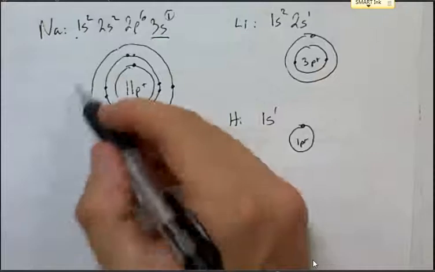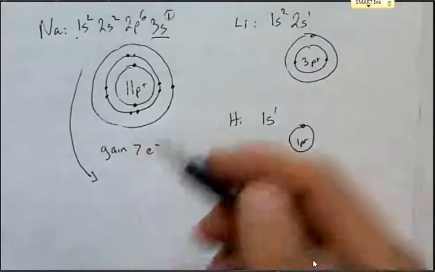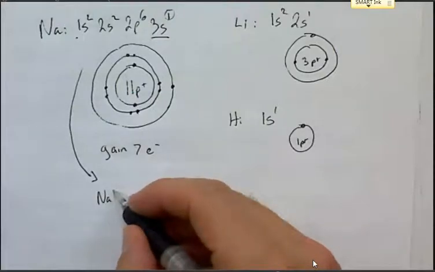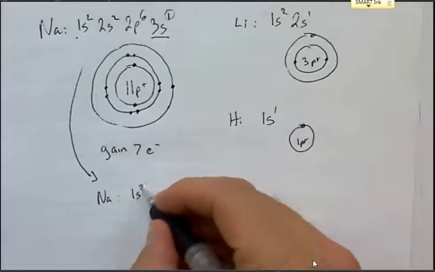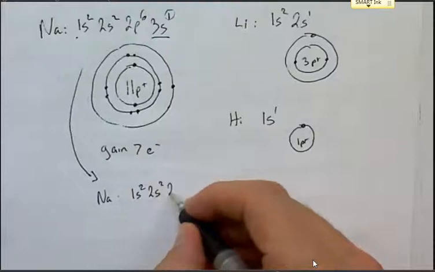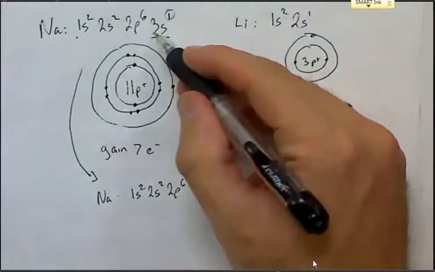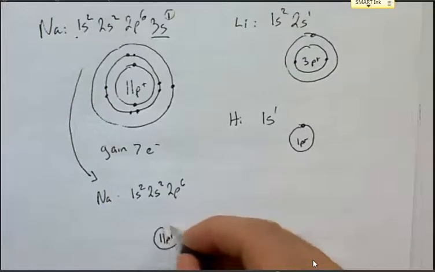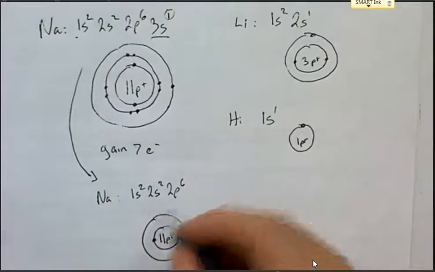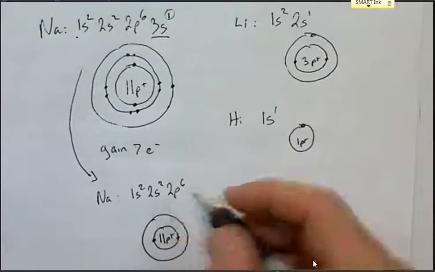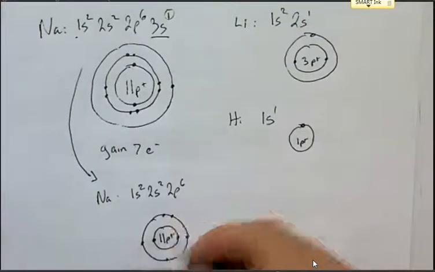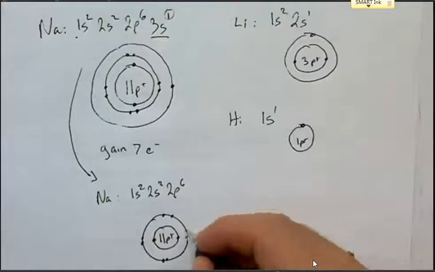If instead of gaining 7 electrons, sodium decided to get rid of its outermost electron, it's just going to drop that 3s, and instead now it's going to look like this: 11 protons with 2 electrons in the first energy level, and 2 plus 6, 1, 2, 3, 4, 5, 6, 7, 8.